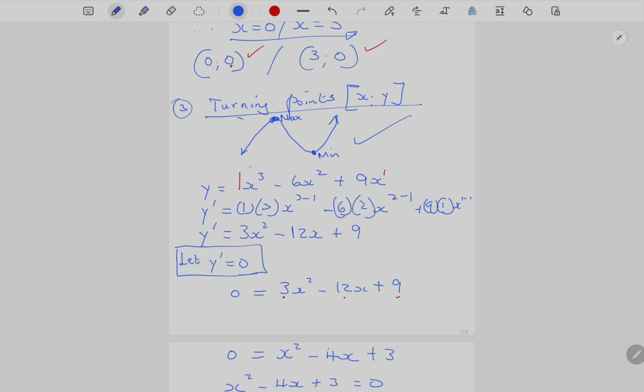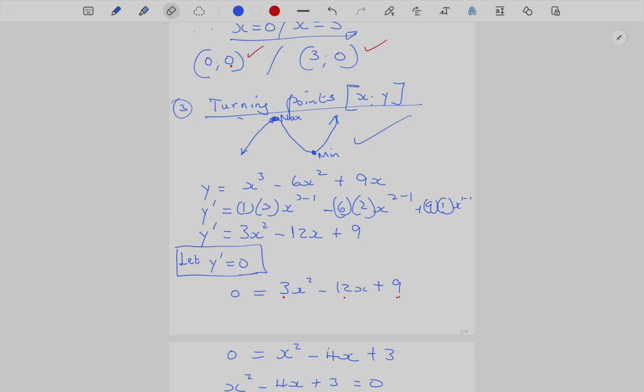So you are given y is equal to 1 x to the power 3 minus 6x squared plus 9x to the power 1. Why did I put 1 here? Because originally it was y is equal to x cubed minus 6x squared plus 9x.